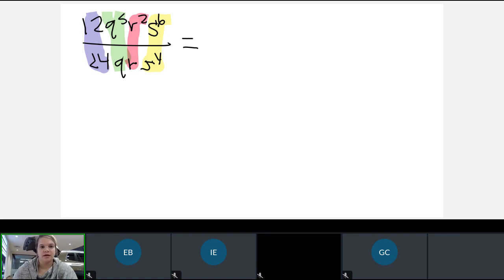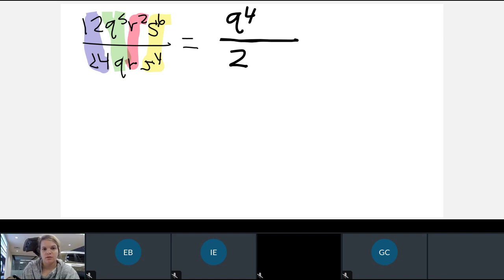So remember, when we divide numbers, that's just plain math rules. Okay, so that would be 1 over 2, or you can just not write the 1. So then when we divide exponents, we just subtract them. So 5 minus 1 would be q to the 4th, r squared divided by r. So 2 minus 1 would be r. And then 6 minus 4 would be 2, so s squared. So that's your answer for that one.